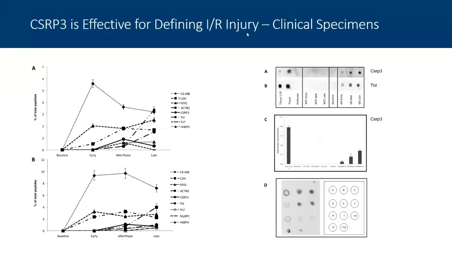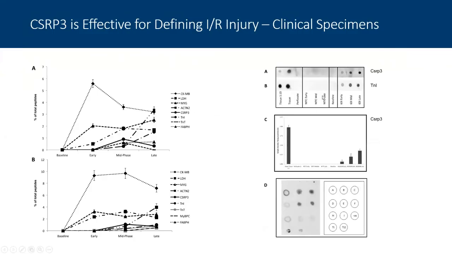So what we chose to do was follow those classic clinical biomarkers of myocardial ischemia, including creatine kinase, lactate dehydrogenase, and myoglobin, as well as troponin I. Then we chose to also look at some of the ones that followed a very similar temporal profile, and the one that became incredibly interesting was this protein here, known as CSRP3.